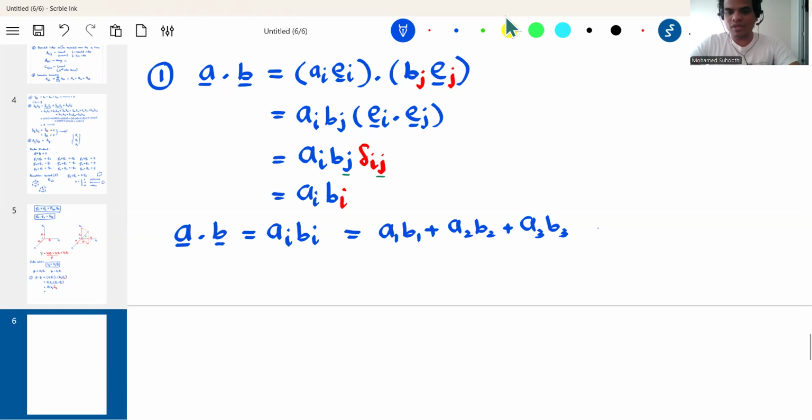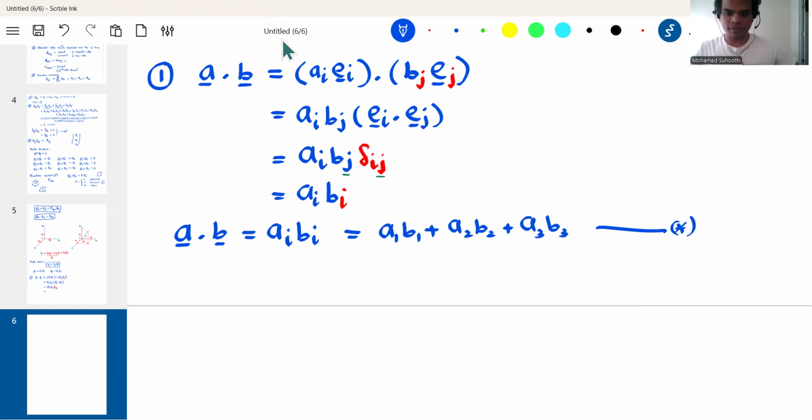So this is something you studied in your mathematics, right? So for the dot product between two vectors, just individually multiply the components and get the summation, right? And the summation of the products is the answer, right? The same thing we are getting here, right?